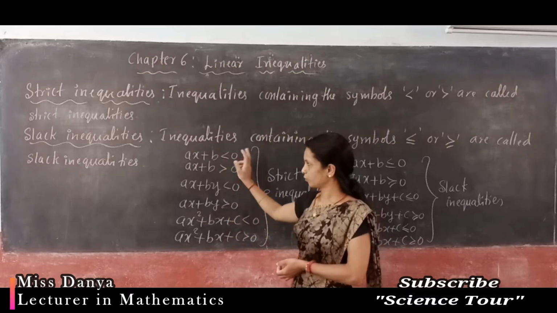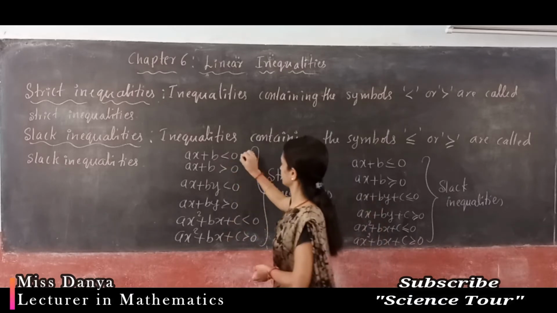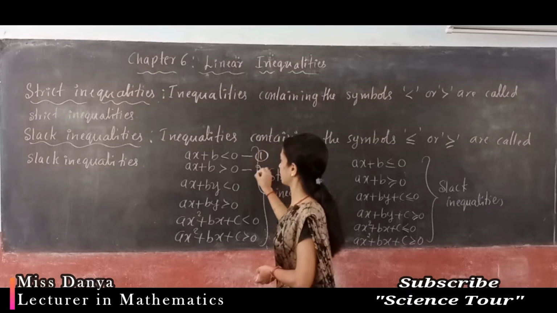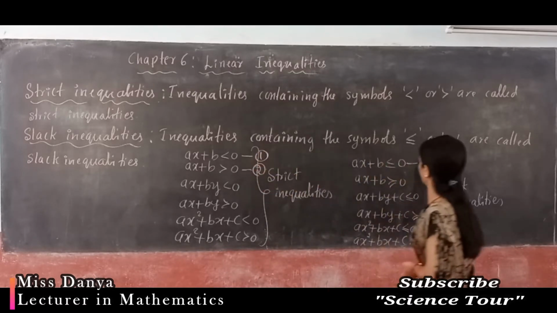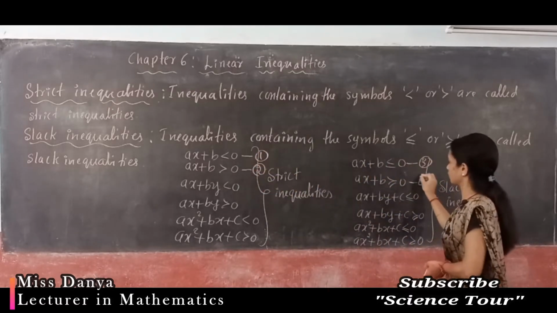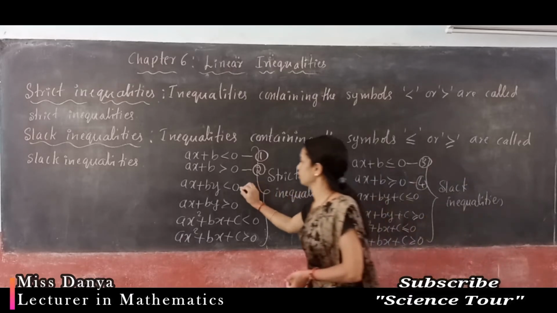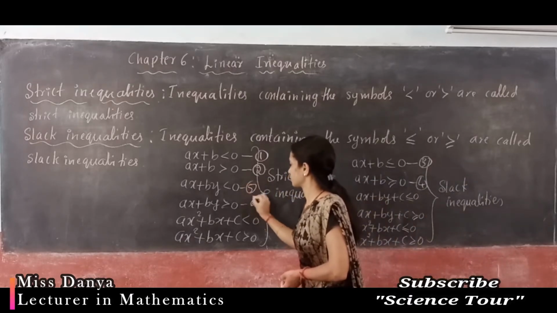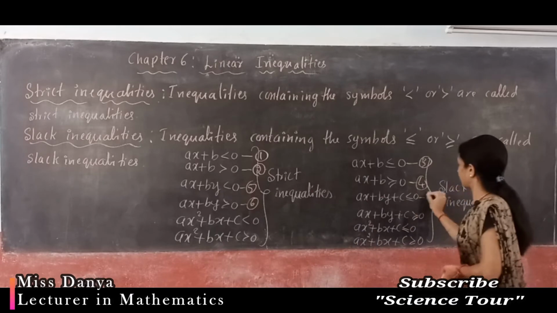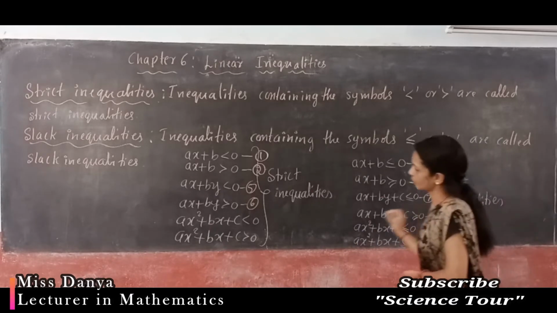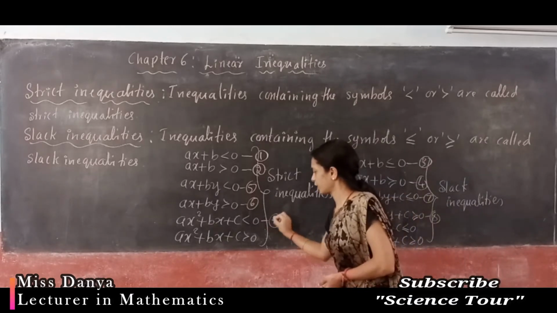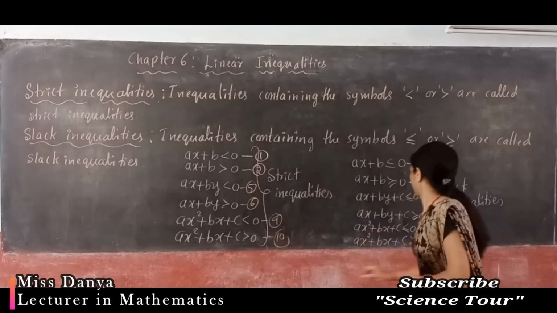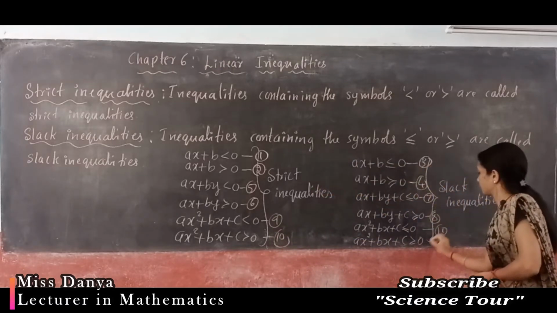Take the first as inequality 1, 2, this you give 3, this one 4, this 5, this 6, and this one 7, 8, and this 9, 10, then 11 and 12.